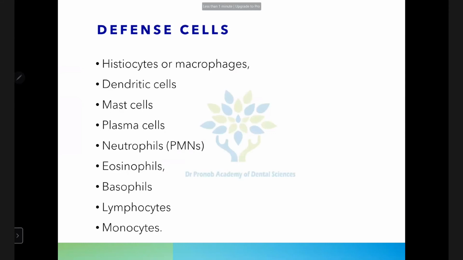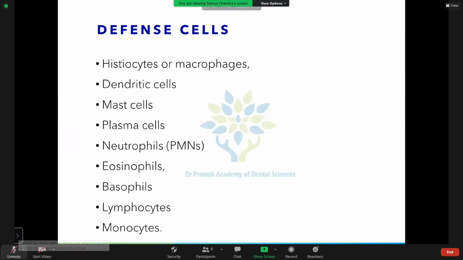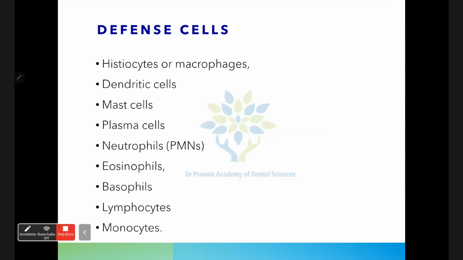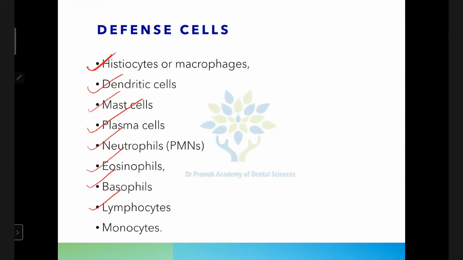Now we also have some defense cells, which include the histiocytes or macrophages. We have the dendritic cells in the pulp. We have the mast cells, plasma cells, PMNs, eosinophils, basophils, lymphocytes, and monocytes. So these are all the defense cells that are present in the pulp. Here you can see the histiocyte.